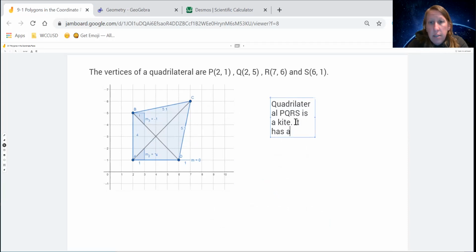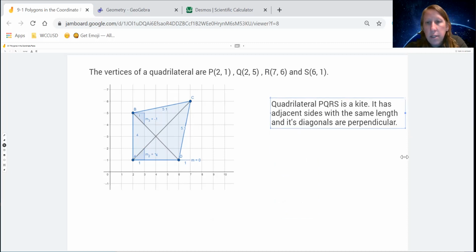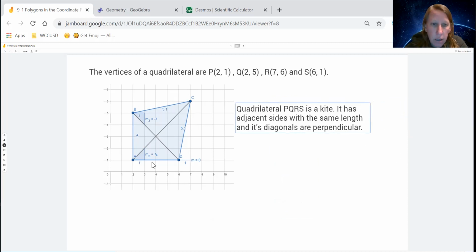It has adjacent sides with the same length, and its diagonals are perpendicular. And how do I know those things? I know those things because I could use the distance formula on the sides, and I can use the slope formula on the diagonals and show that they're opposite and reciprocal.